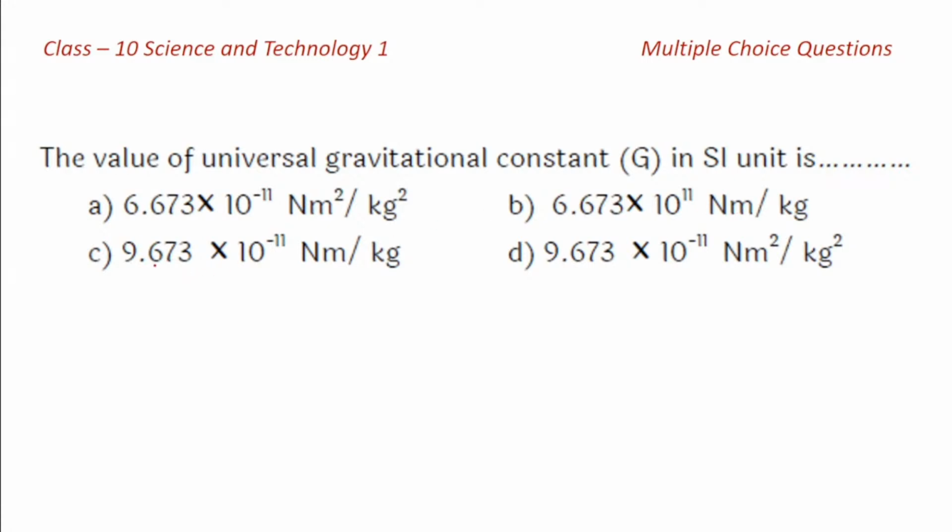Third option is 9.673 into 10 raised to minus 11 Newton meter per kilogram. And the last option is 9.673 into 10 raised to minus 11 Newton meter square per kilogram square. The correct alternative is A, 6.673 into 10 raised to minus 11 Newton meter square per kilogram square. So this is the value of universal gravitational constant.